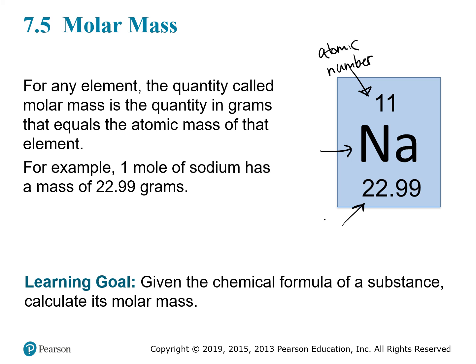The decimal number underneath is the atomic mass, and it is in atomic mass units. So one atom is 22.99 atomic mass units. But if I have 1 mole of sodium, then I can express the number that I see on the periodic table in grams, and that will give me the molar mass.